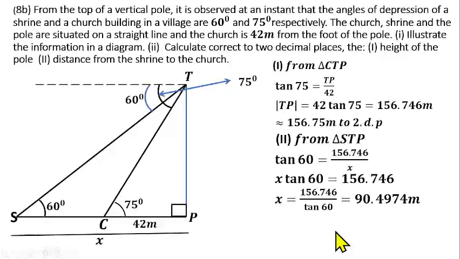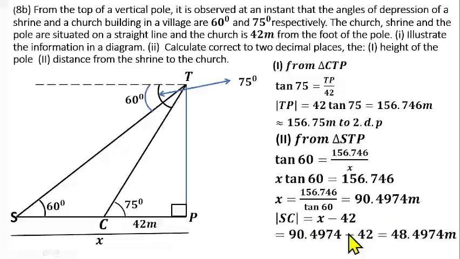Then our aim is to find the distance between the shrine and this church. So from here to here will be whatever our X is minus the distance between the pole and the church. So the distance of the shrine from the church is X minus 42.